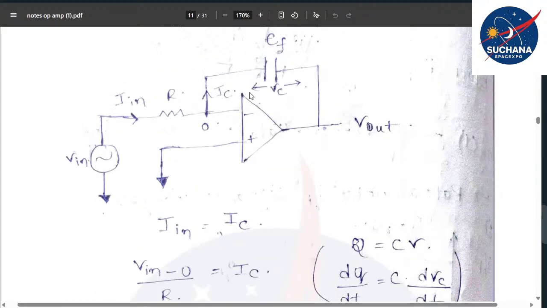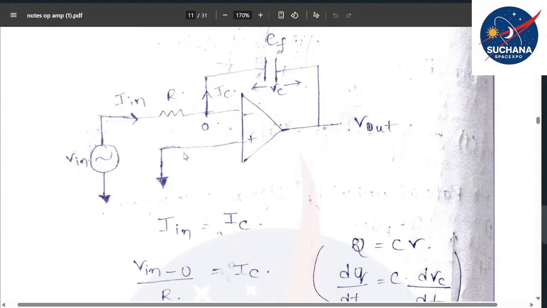In the case of the summation operation, in place of CF we had an RF, one resistor, and we applied some input voltages. Earlier we assumed that we had provided three signals: V1, V2, V3, with I1, I2, I3 as their respective currents.